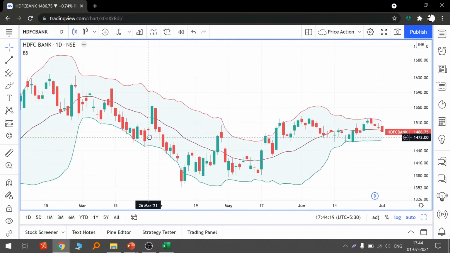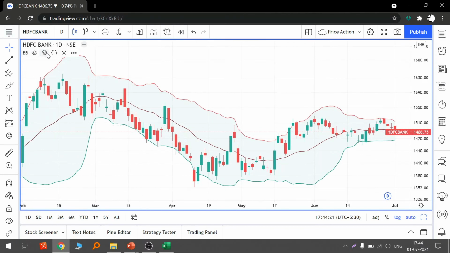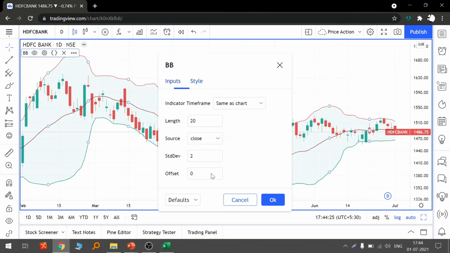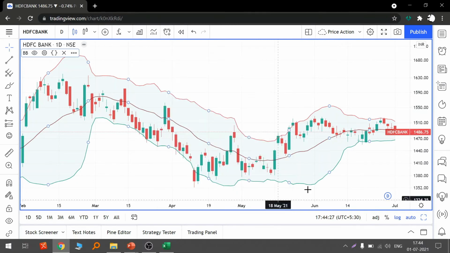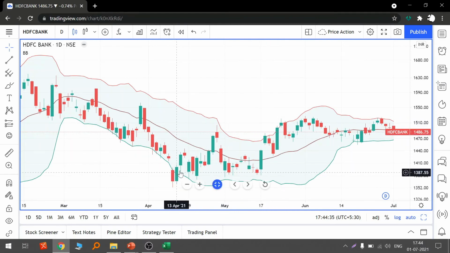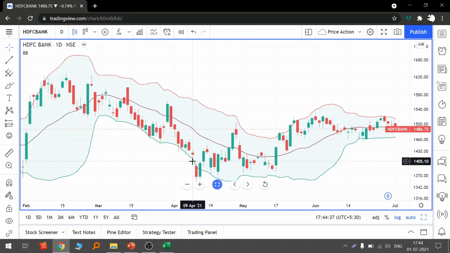So we saw the specification of Bollinger Bands: the 20 period moving average, upper band, lower band, and two standard deviations. Generally, when price comes here, it acts as a resistance, and when price comes here, it acts as a support. There are times when it goes out, away from its standard deviation.